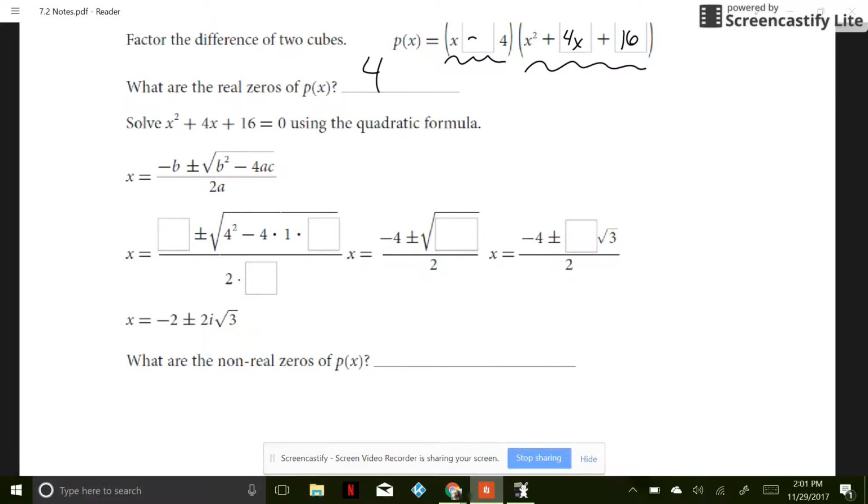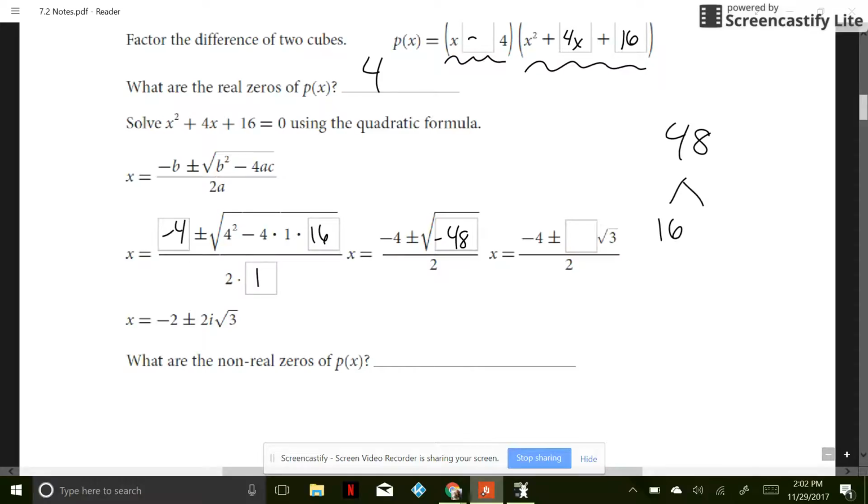Plugging in the pieces, we've got negative b plus or minus the square root of b squared minus 4ac, all over 2a. Under our square root, we're going to have a negative 48. That tells us we're going to have imaginary solutions, which means we're going to have an i. 48 breaks down into 16 and 3. 16 is a perfect square, so we take the square root, which is 4, pull it outside along with our i, and the 3 stays inside.